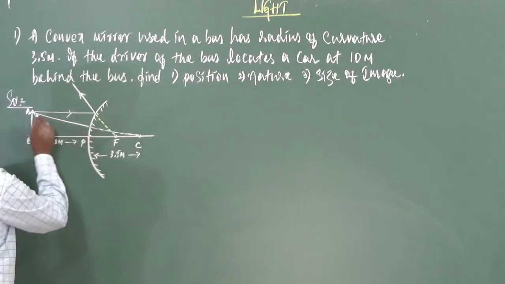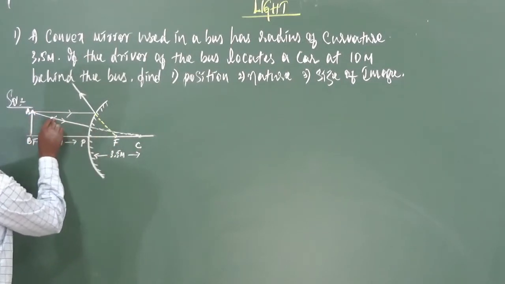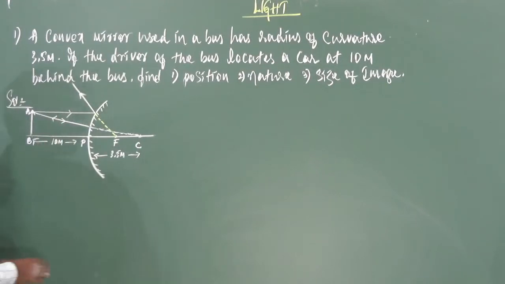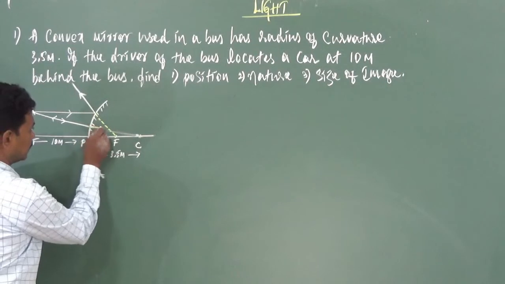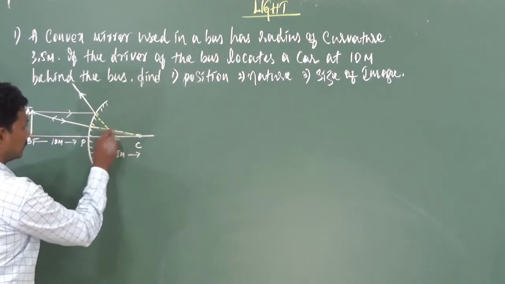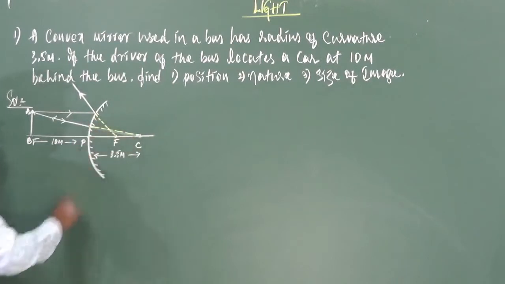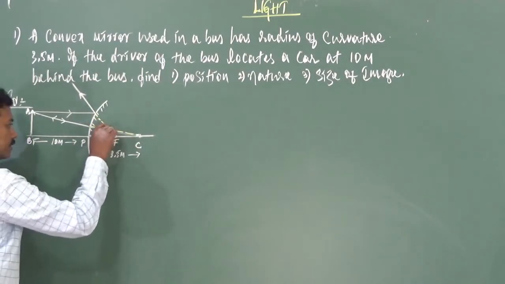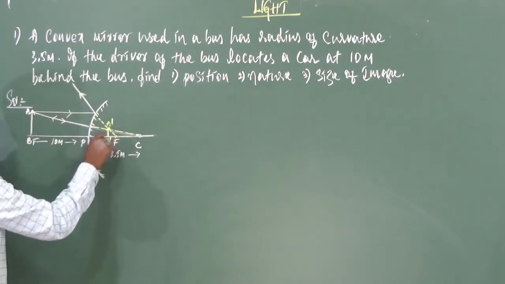This light ray hits the mirror and retraces its own path. The reflected light rays appear as though they meet at this point. If two reflected virtual light rays meet at a point, we say that the image is formed at this point. This is A dash and this is B dash.